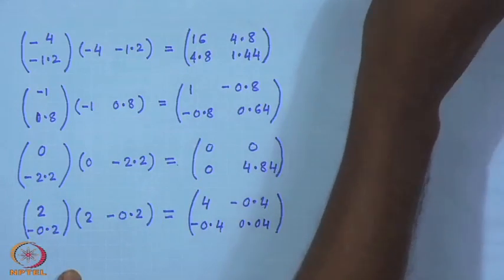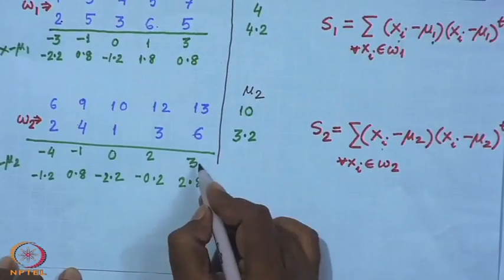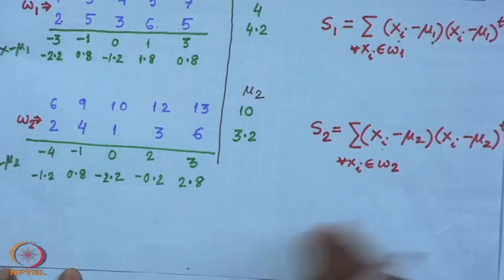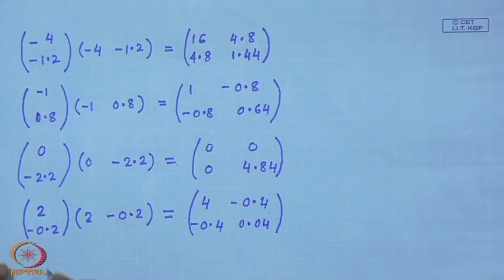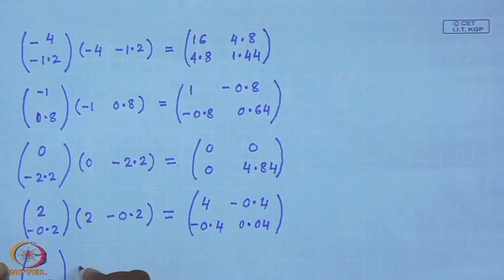Then to get the fifth matrix I take 3, 2.8 and multiply by its row vector.